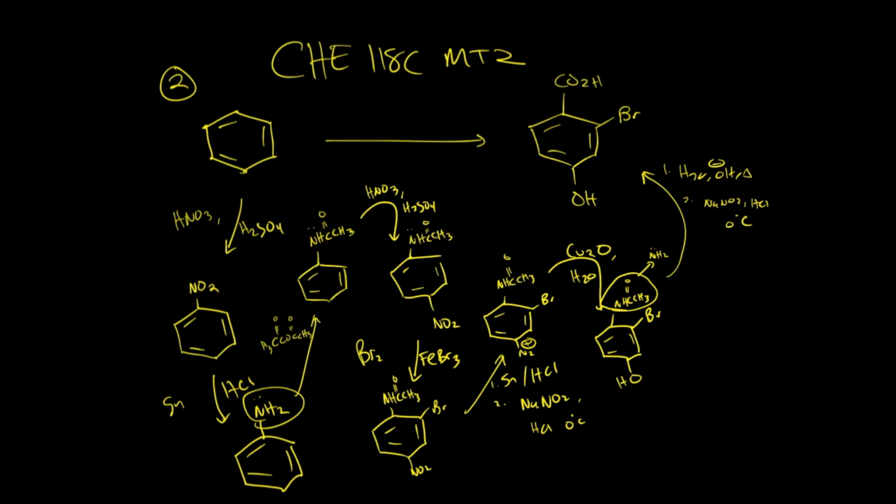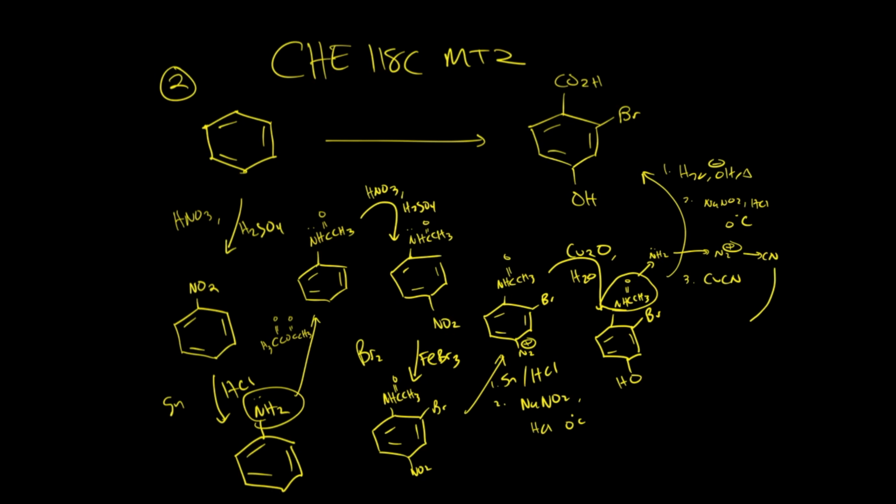That's going to turn my NH2 group into the N2+. Step 3 is going to be CuCN, which will essentially take a CN group and replace that with the N2. The N2 will be replaced and the CN group will go in.